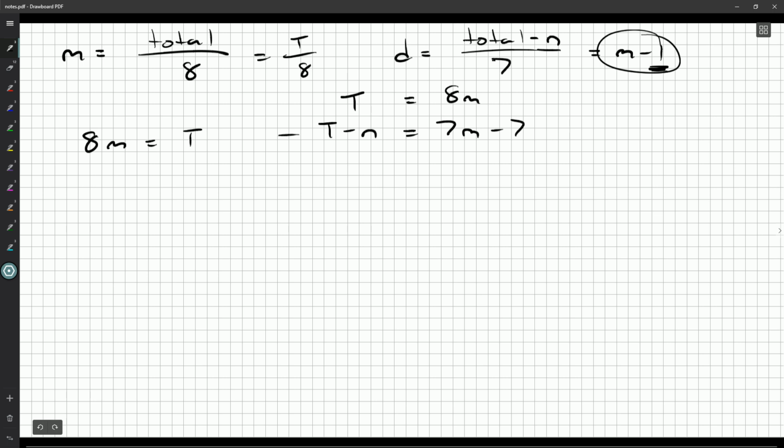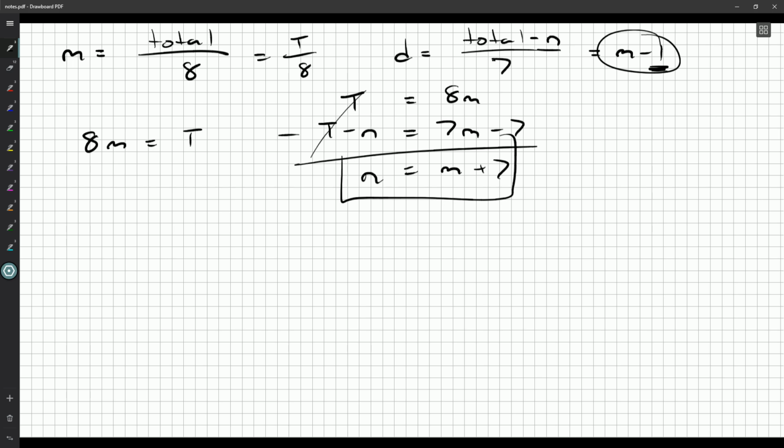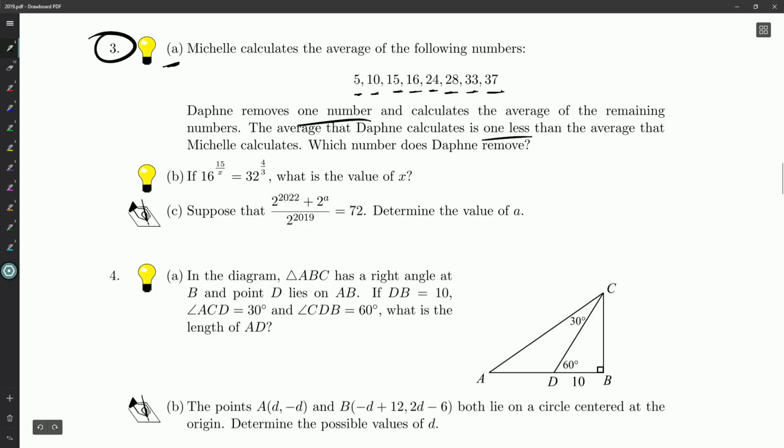If we subtract, t minus t goes away, minus minus n is just a regular n. 8m minus 7m is just m. And then nothing minus a negative 7 would be plus 7. So whatever number is removed is 7 more than the actual average. And I think there's too many unknowns. We're actually going to have to calculate the average here.